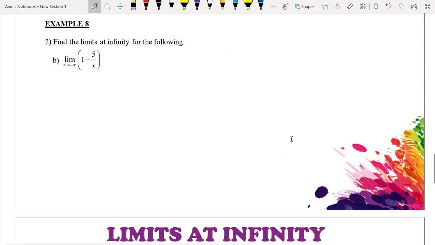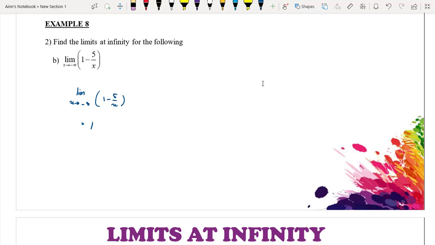Find the limit at infinity of 1 minus 5 over x when x approaches negative infinity. So now we have the limit as x approaches negative infinity of 1 minus 5 over x. Substituting negative infinity into 1, a constant, we will still get 1.